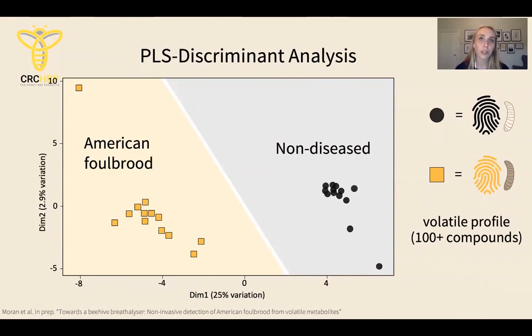If we plot the volatile profiles or fingerprints of the samples, so that's each of these points representing the abundance of each of the 100 compounds, we can very quickly see differences between diseased American foulbrood samples and non-diseased samples of brood. So this was a really nice confirmation that we can tell the difference between AFB and non-diseased brood just from the chemical compounds.